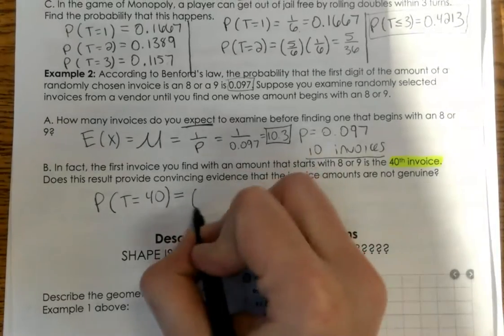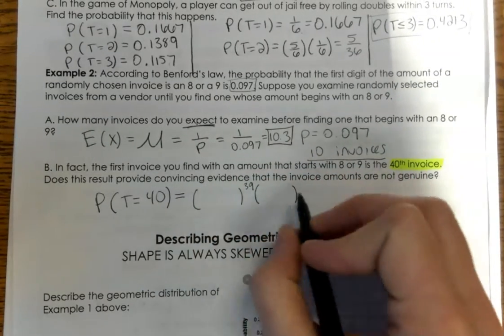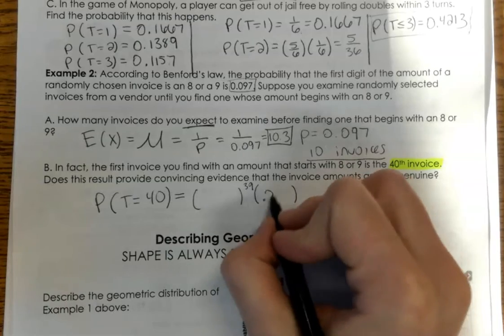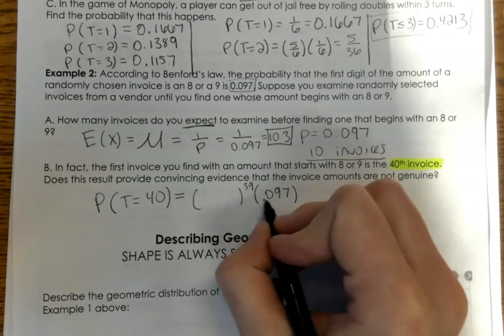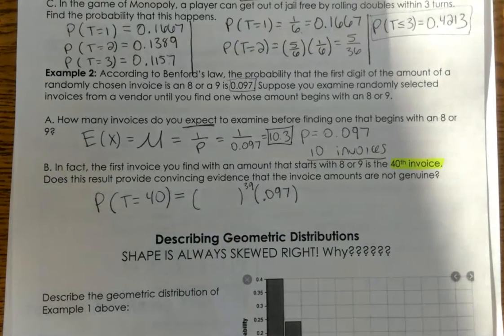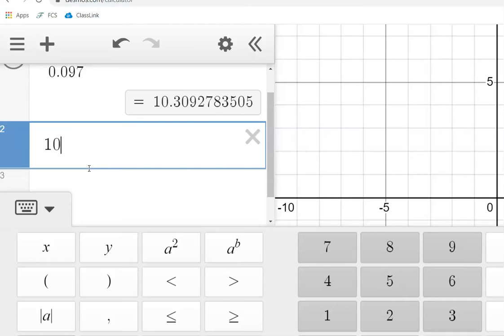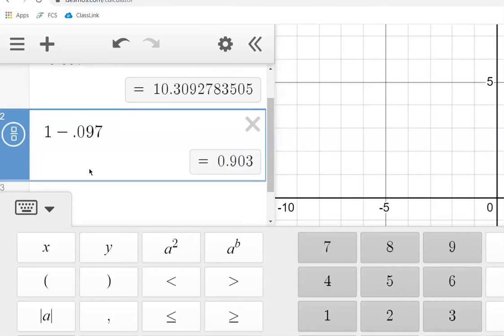So that means I had 39 failures before I had the first success. According to Benford's law, my success probability is 0.097. So what would that make our failure probability? Alright, so our failure probability is 0.903.